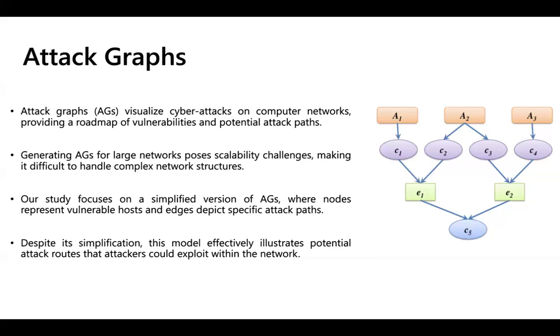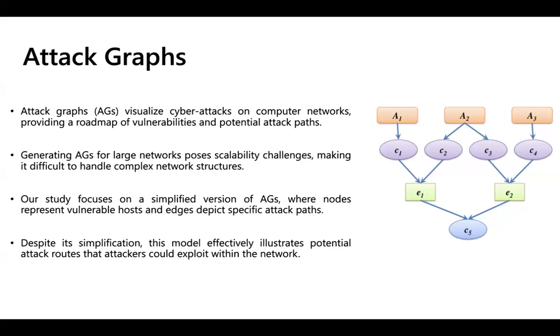An attack graph basically visualizes cyber attacks on computer networks, providing a roadmap of vulnerabilities and potential attack paths. Generating attack graphs for larger networks poses scalability challenges, making it difficult to handle complex network structures.